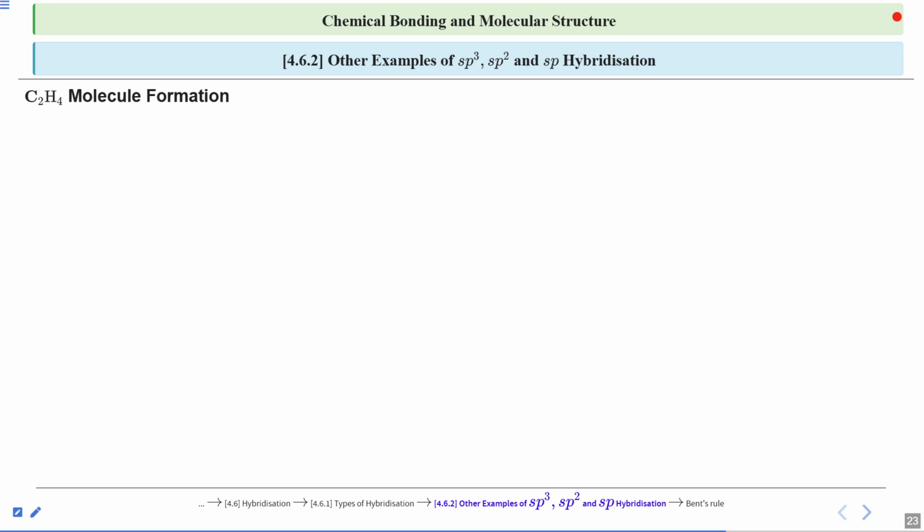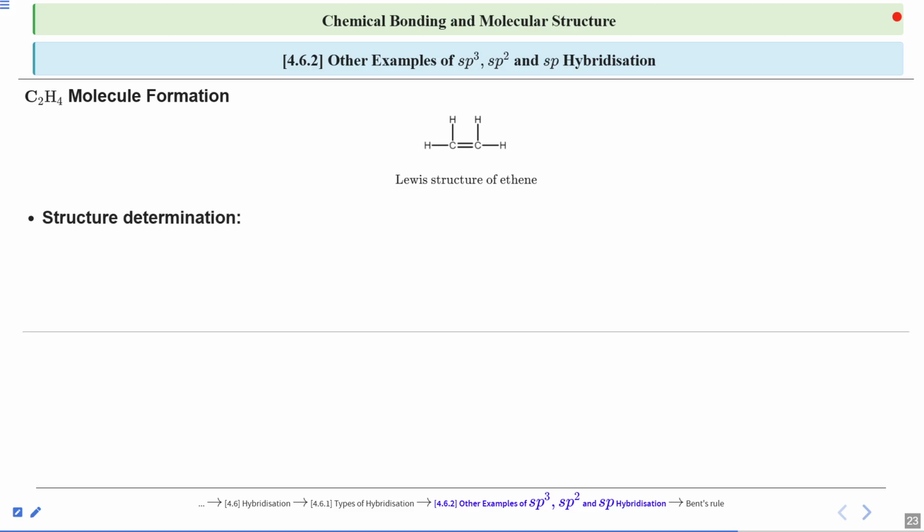Now, let us use all of this knowledge and do it for a complex molecule, which is C2H4. We will go step by step. First of all, we will draw the Lewis structure of ethene. So this C2H4 is nothing but your ethene. Then, after that, we will do the structure determination.